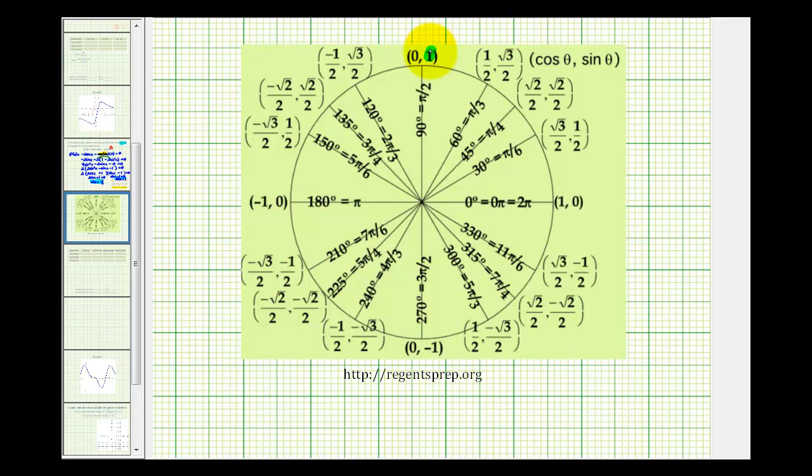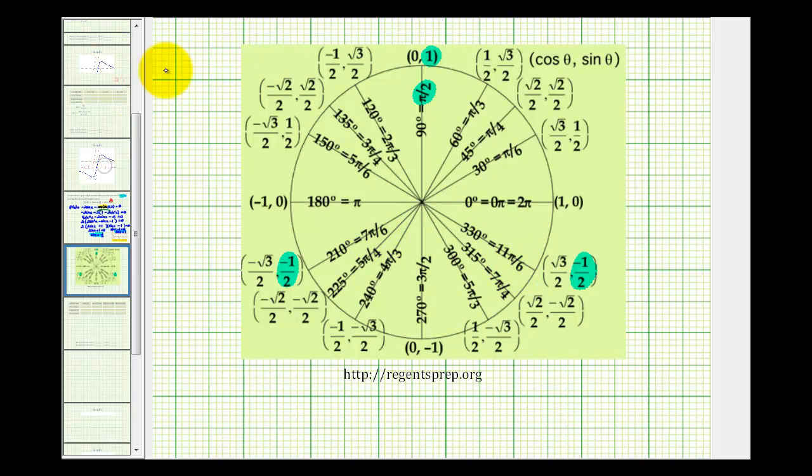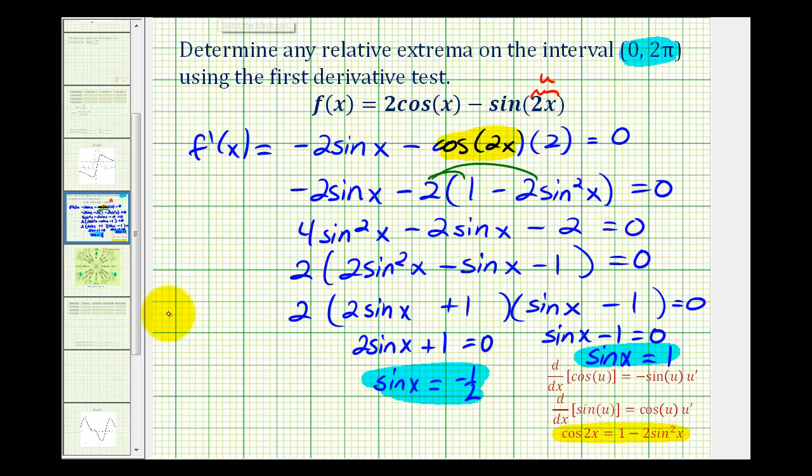So here's a y-coordinate of positive 1 at pi over 2 radians, and we also have a y-coordinate of negative 1/2 here and here, so x equals 7 pi over 6 and 11 pi over 6 radians. So those are our three critical numbers. From this equation we had x equals 7 pi over 6 and 11 pi over 6. And from this equation here we had x equals pi over 2.